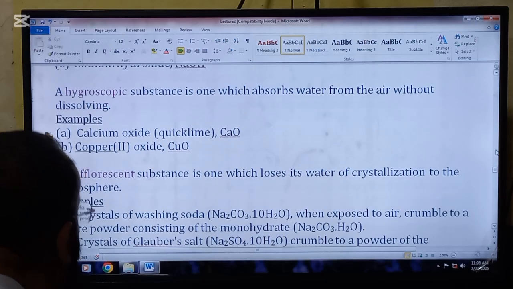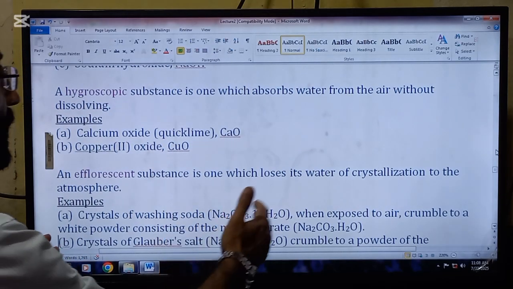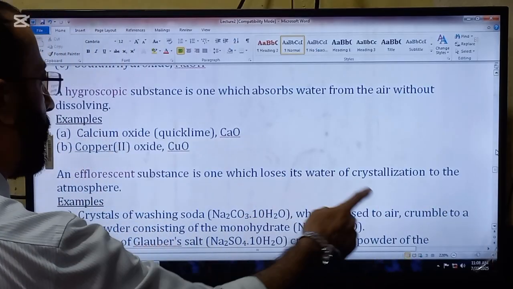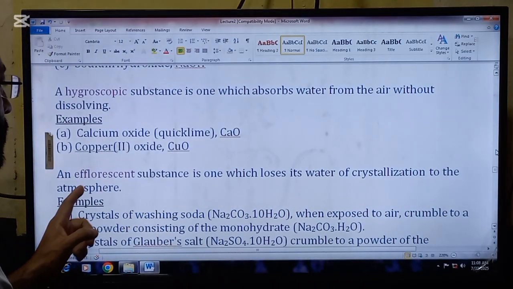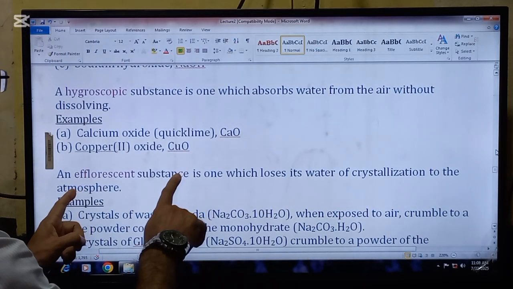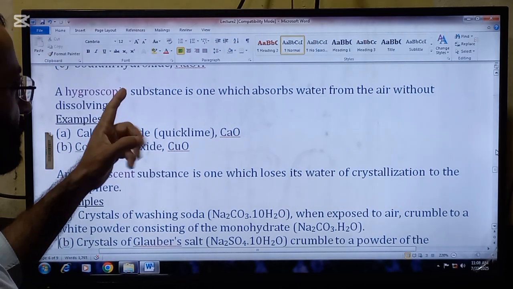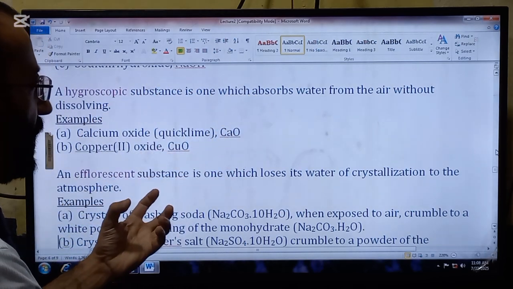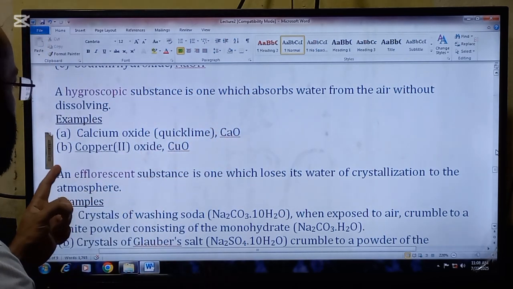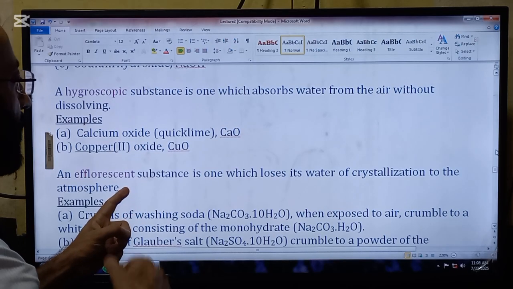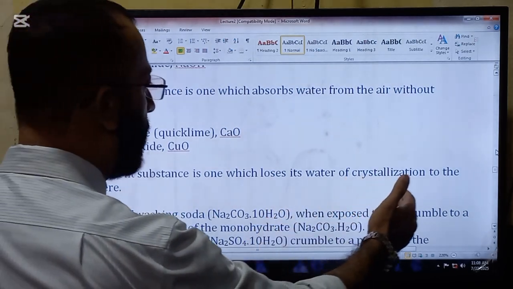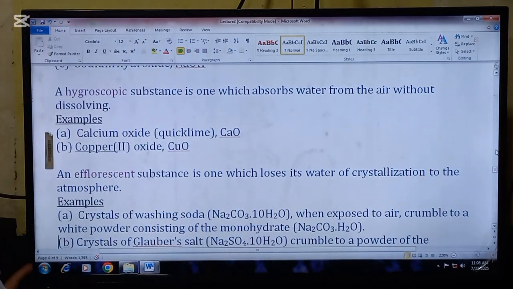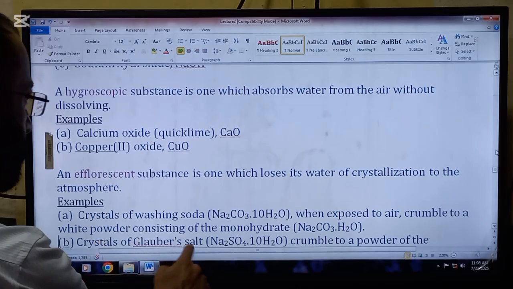An efflorescent substance is one which loses its water of crystallization to the atmosphere. So this is the reverse process of the previous one. The previous one absorbed water from the atmosphere, but efflorescent substances lose their water of crystallization to the atmosphere. Look at the crystals of washing soda.